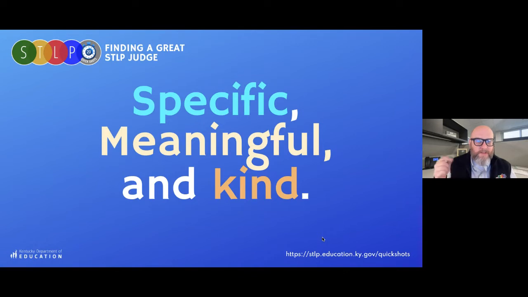Yeah, we have rubrics and there are numbered score sheets, but in every judge training, you're going to hear me say the same thing. The scores are important to help us decipher who will move forward because it is a competition.